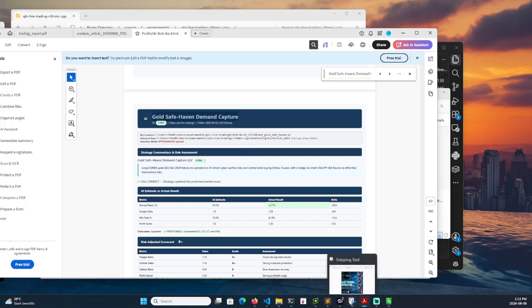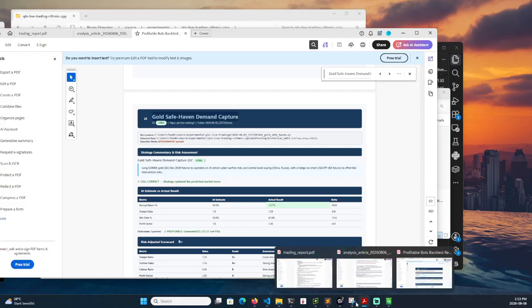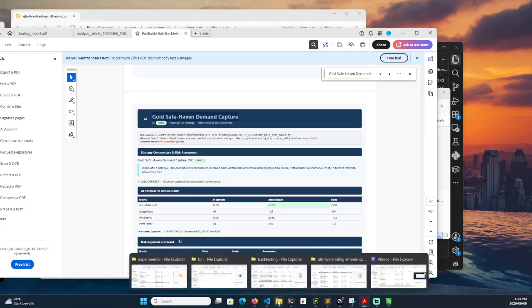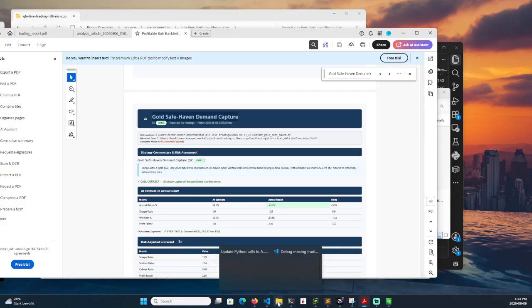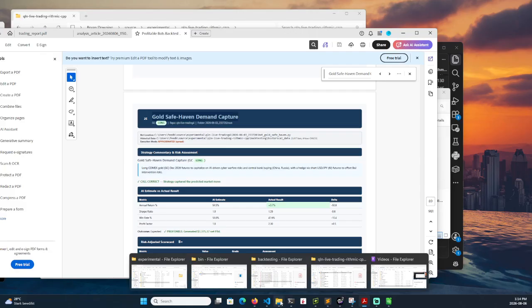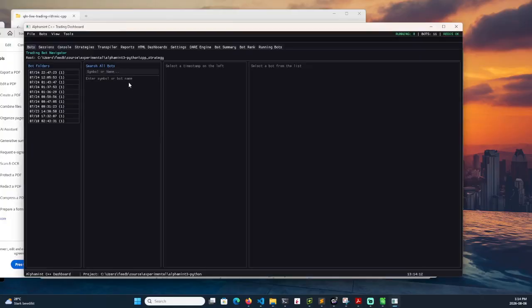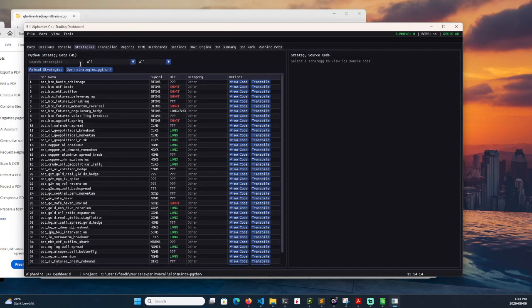Okay, so new app crashes, which is fine. This one, let me just bring that up. Go back under strategies here. Yeah, it doesn't look like it. I can search for it.